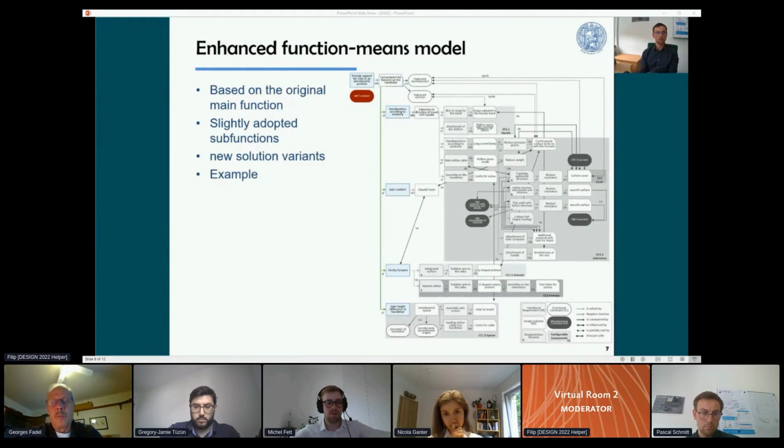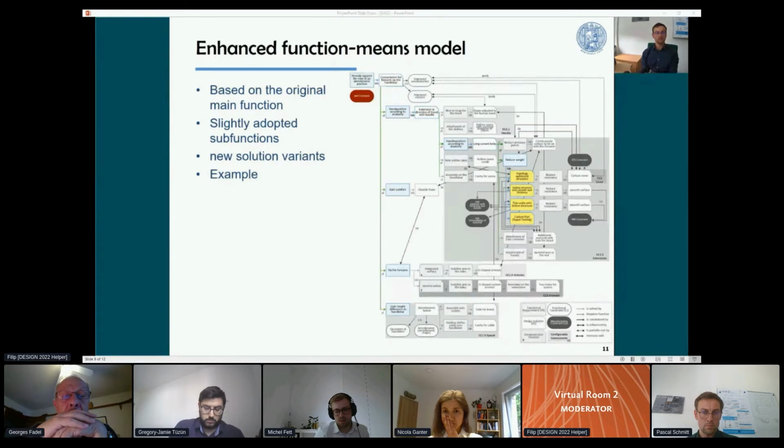The hand position according to the anatomy is solved by extension and direction of travel, and this requires the function of handle position according to the anatomy. This is solved by a long curved body, and this requires again the function of reduced weight. And then there are different solutions related to AM, for example, topology optimization, thin walls with lattice structure, and carbon parts where AM is used for tooling.